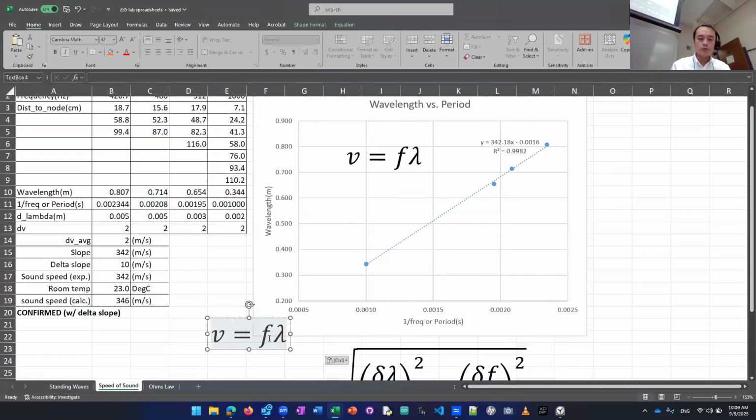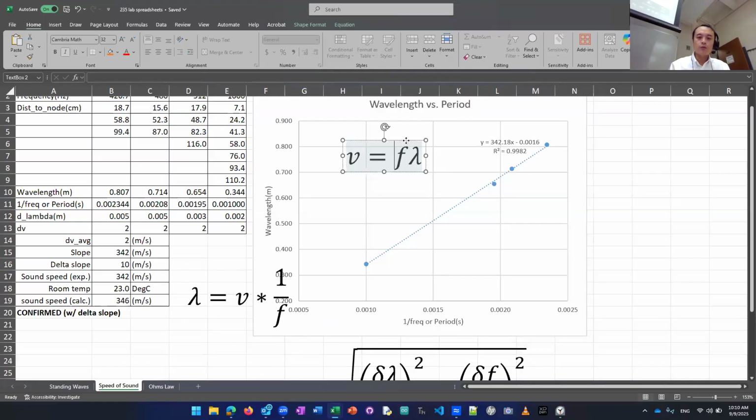So wavelengths versus, oh, okay, that's kind of odd. Okay, that's fine. I'll redo this. So wavelengths is this. Okay, let's take a quick look.